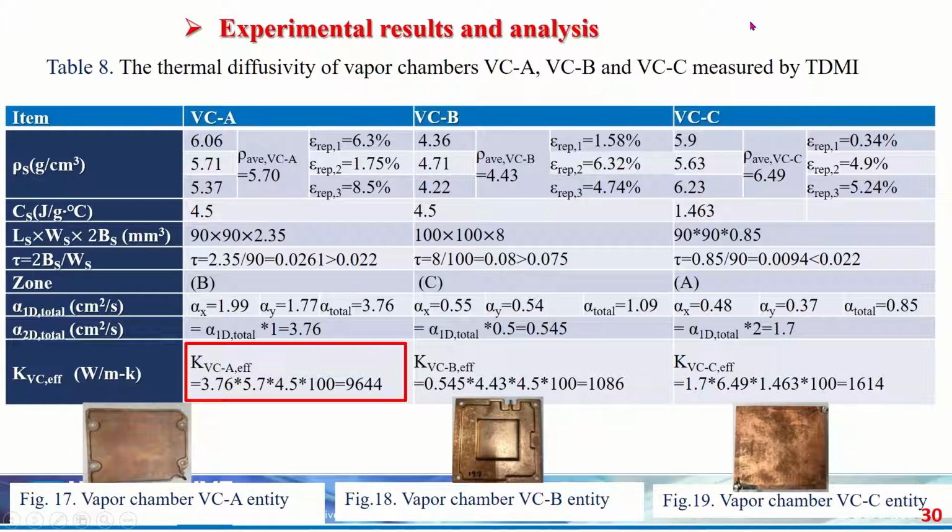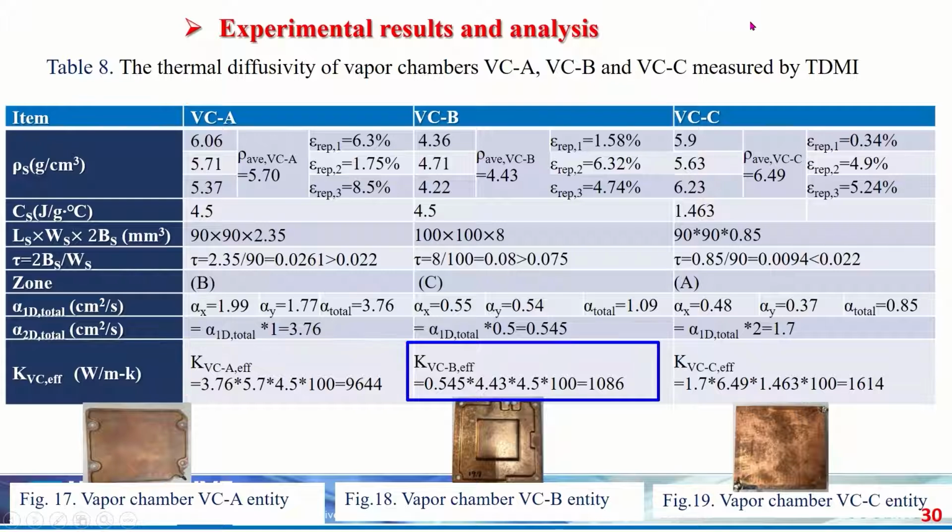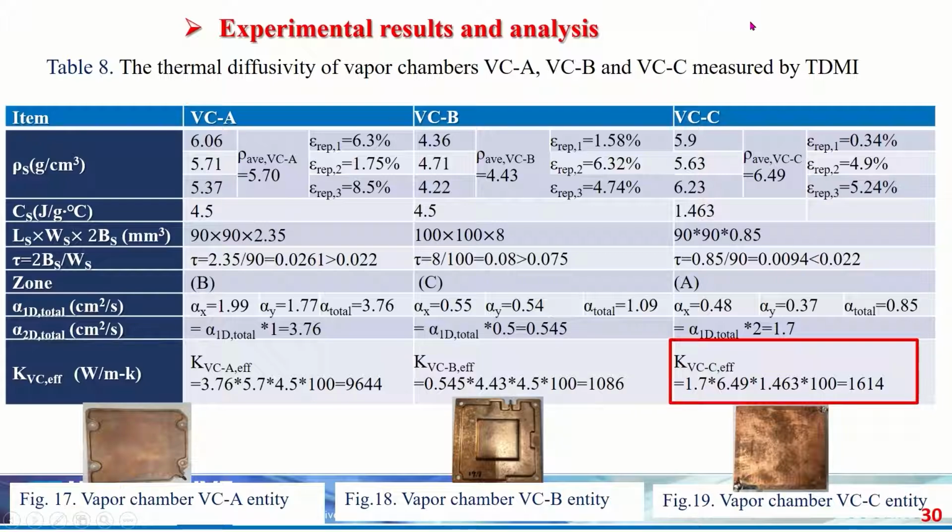Convert the thermal diffusivity data to the thermal conductivity, which is equivalent to: the case of VCA effective is equal to 6944, the case of VCB effective is equal to 1000, and the case of VCC effective is 1600.